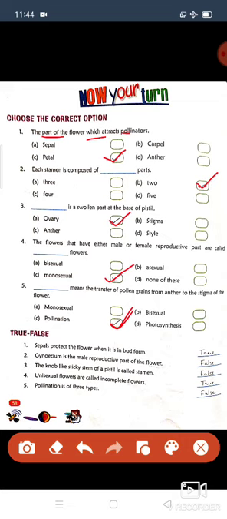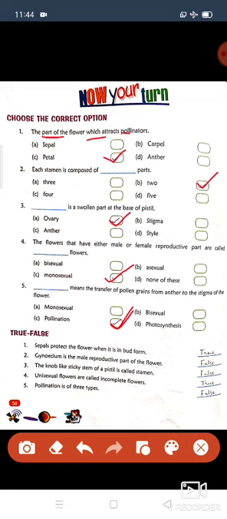Next, true or false? Look here children. Sepals protect the flower when it is in bud form. Sepals means what, children? The green part which is placed under the petals. The question is, does that part protect the flower when it is in bud form?